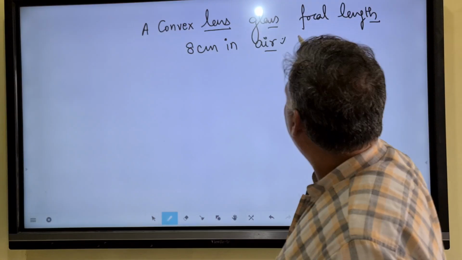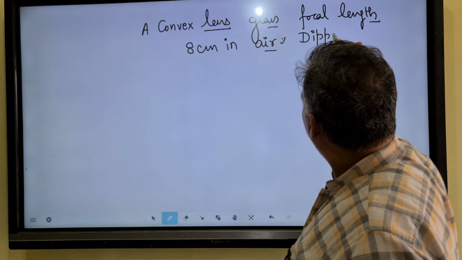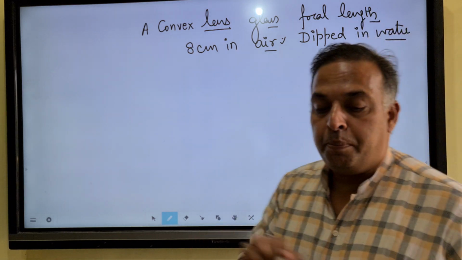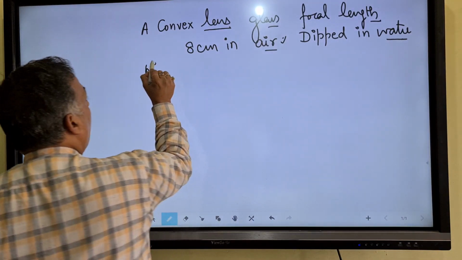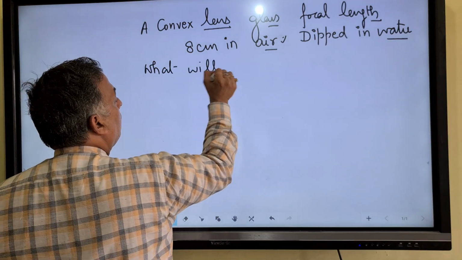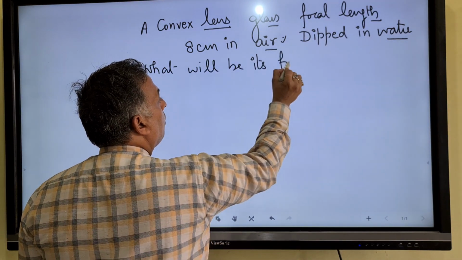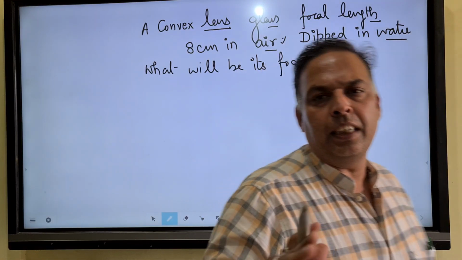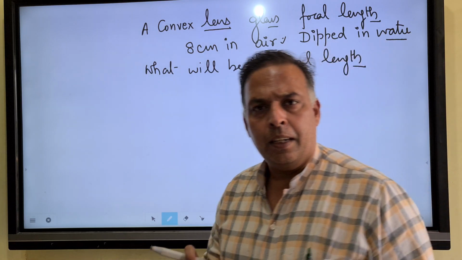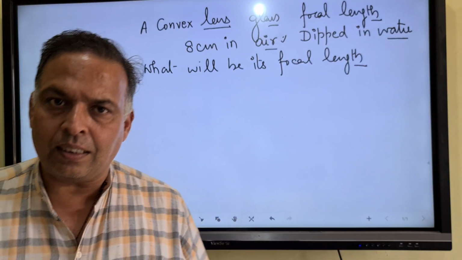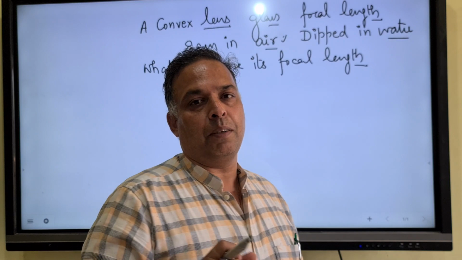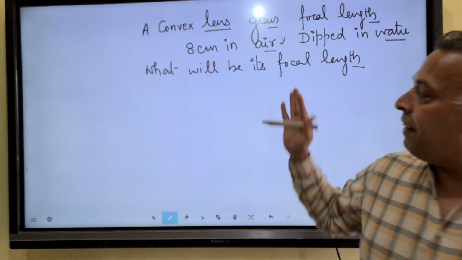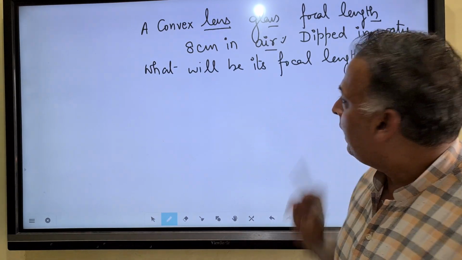Now it is dipped in water. What will be its focal length? Always keep this in mind: your answer must be greater than before, because the refractive index decreases, and when the refractive index decreases, the focal length increases.